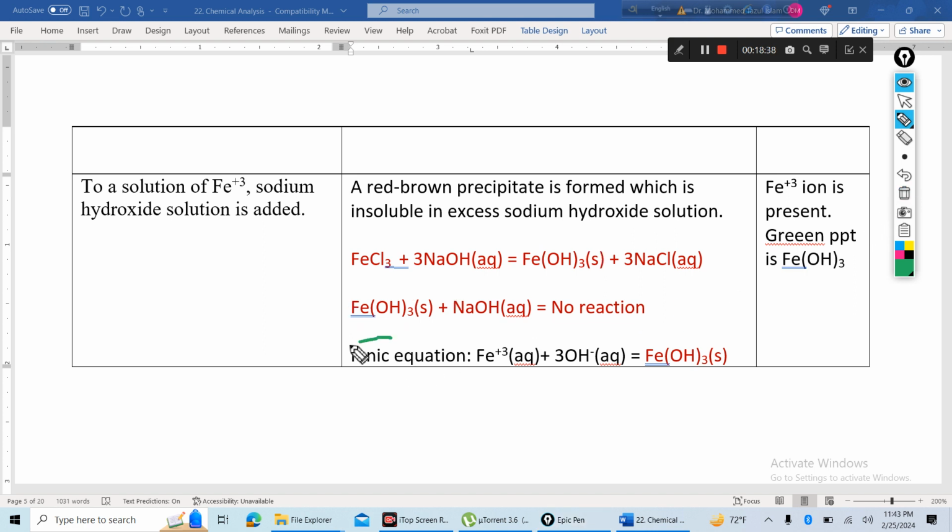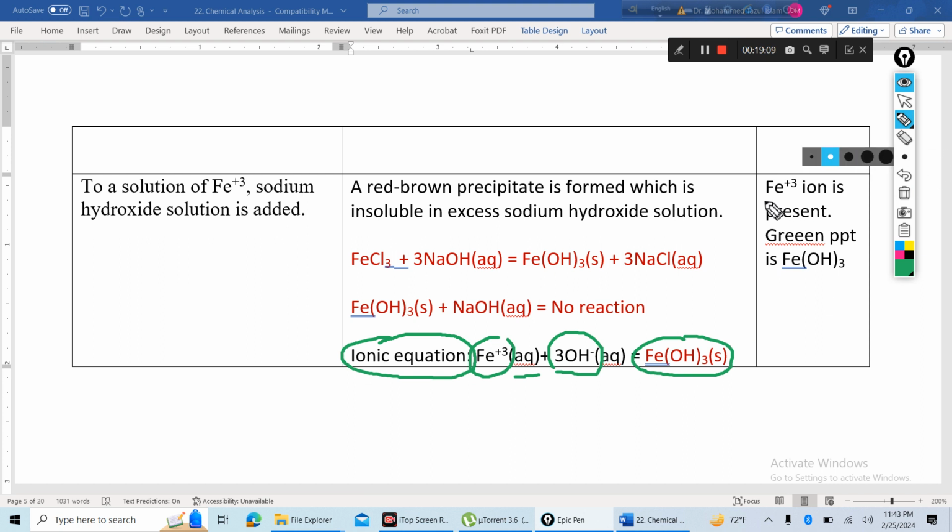Now this is the ionic equation. Iron 3 ion aqueous reacts with hydroxide from sodium hydroxide to produce iron 3 hydroxide. This iron 3 hydroxide is the red brown or brown precipitate.